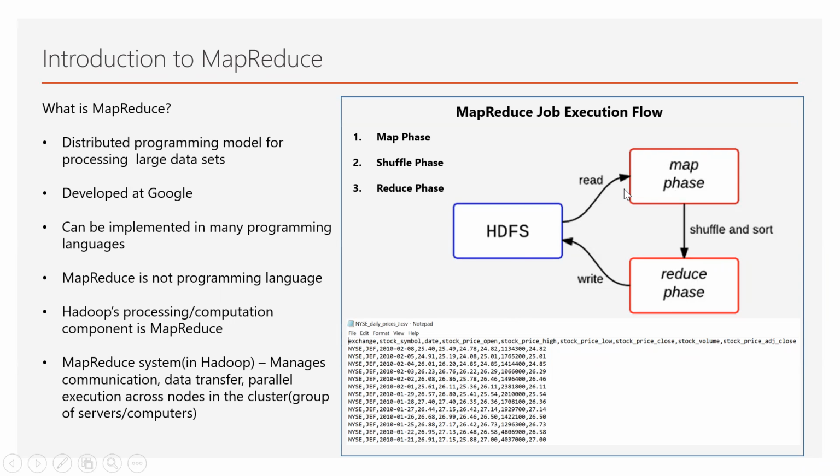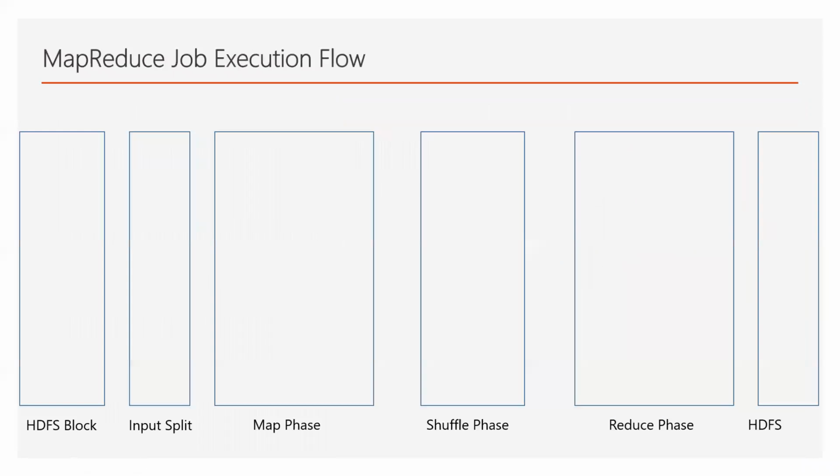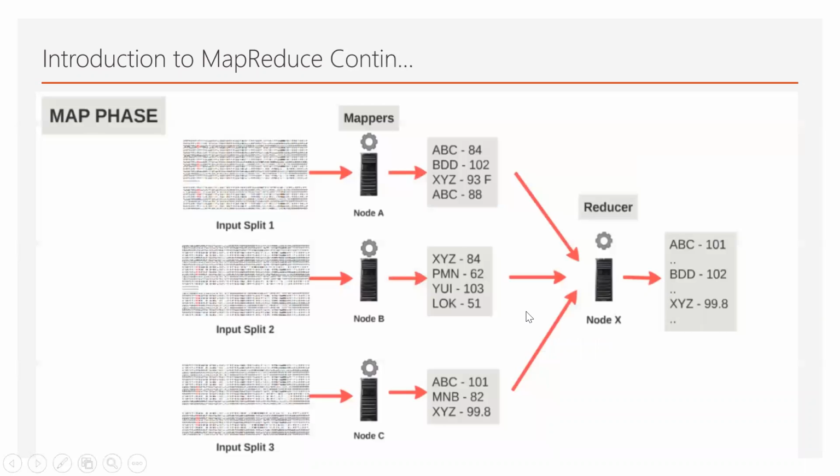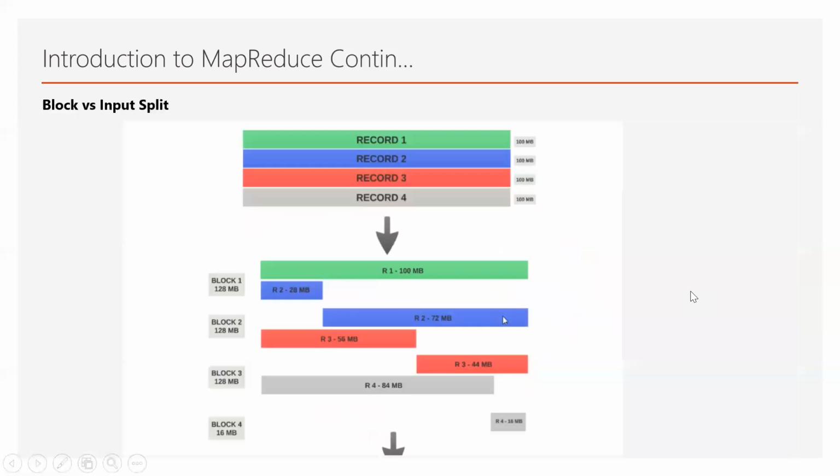Okay, we'll go a little deeper. The program is expressed in these different phases. We take an input split, which is nothing but a block, and run a mapper program, and send the result to the reducer, which does the aggregation and writes to HDFS.